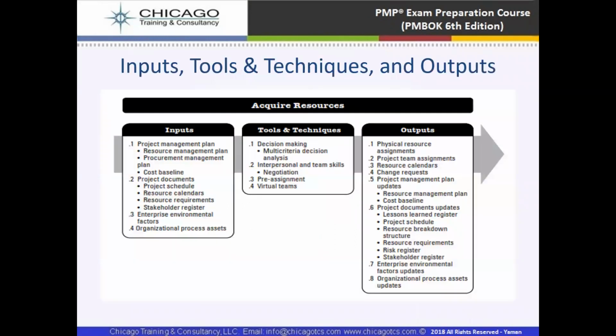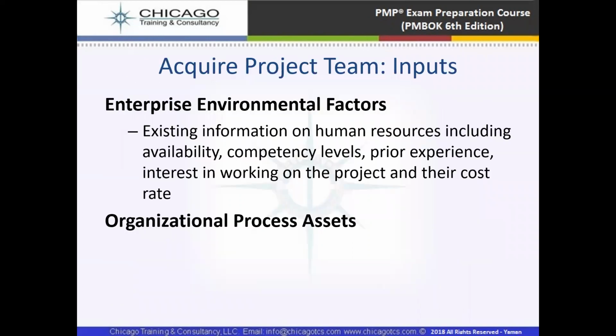And then here we have the inputs, tools and techniques, and outputs of acquire resources, which we will see are mostly the same as we discuss again and again in every process. The first input is the enterprise environmental factors, like the competency levels, the prior experience, and the availability of those resources.